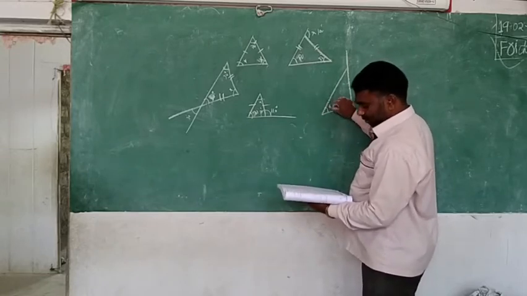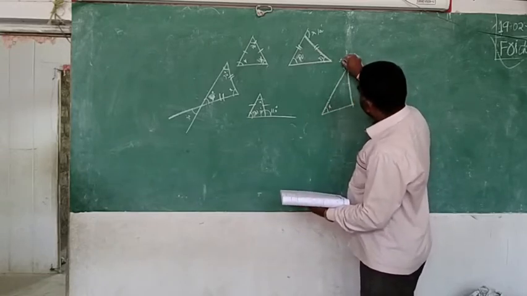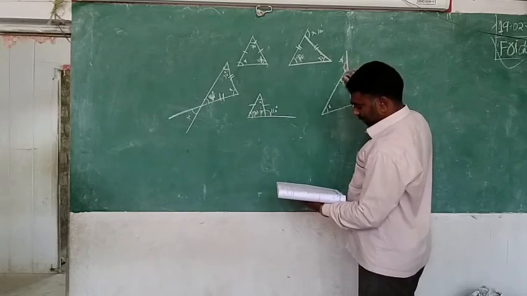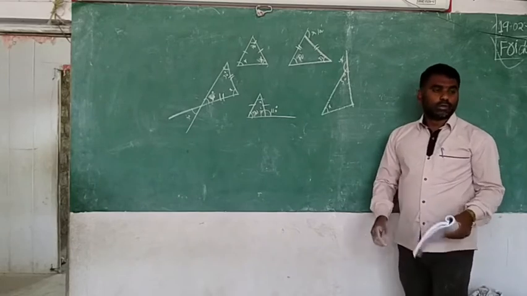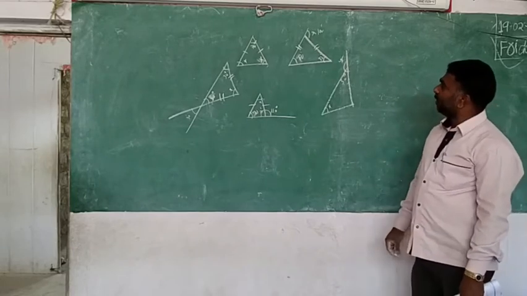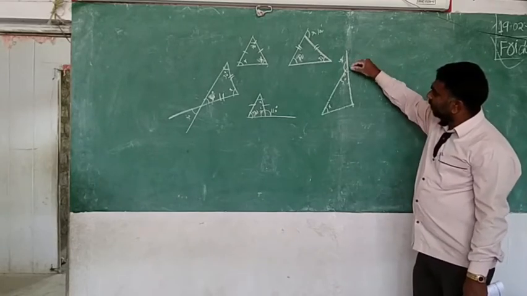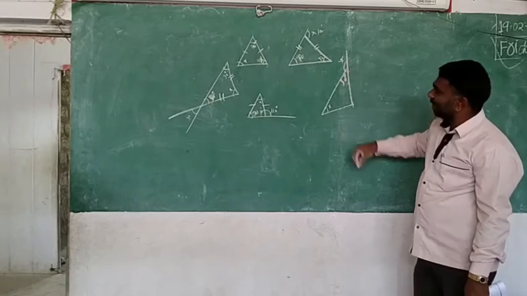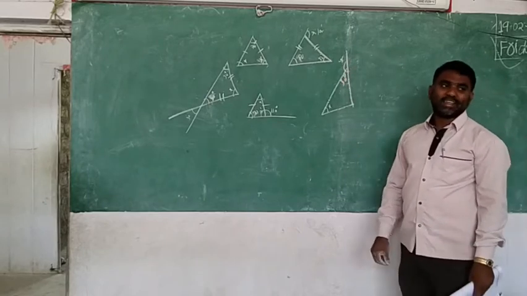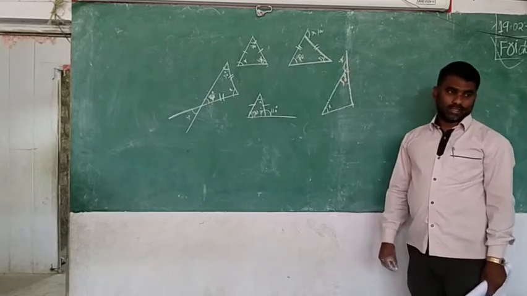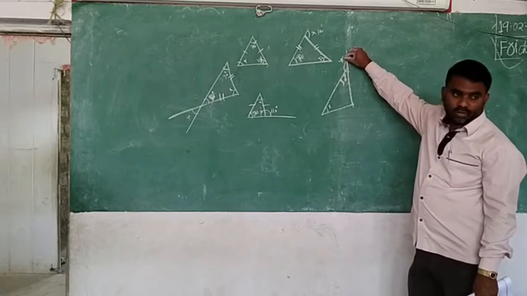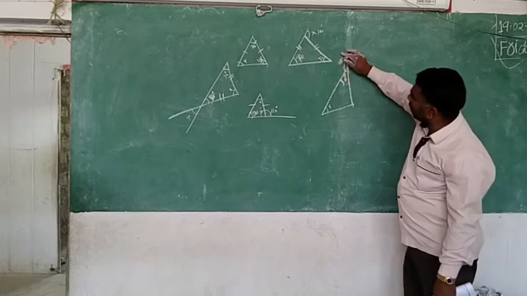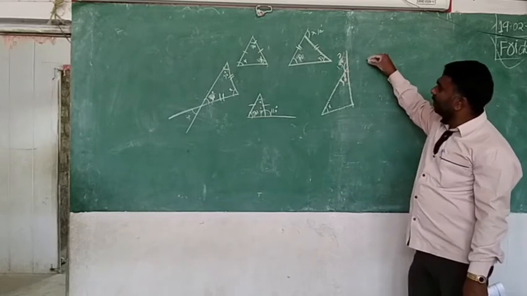This is x, this is y, this is 30. First, what can you find? Right angle. Like that, you can't find a right angle. Compulsorily, you should show the mark. Why can you find it? Because if it is 30, this one will be 150.